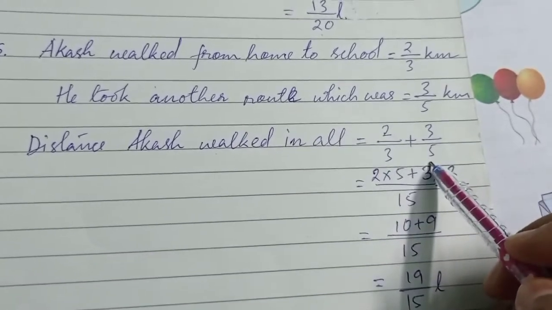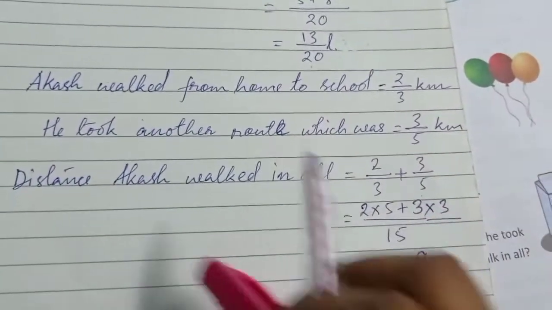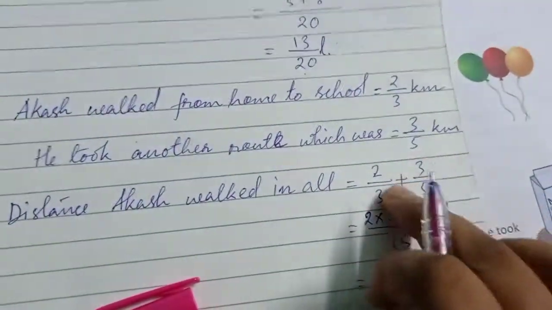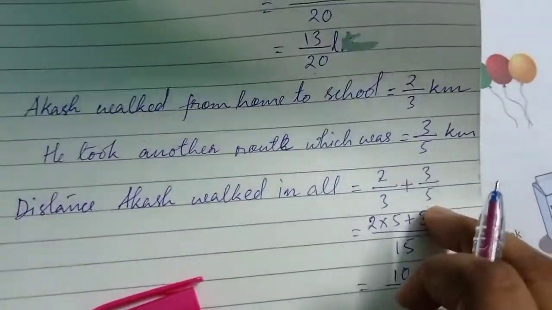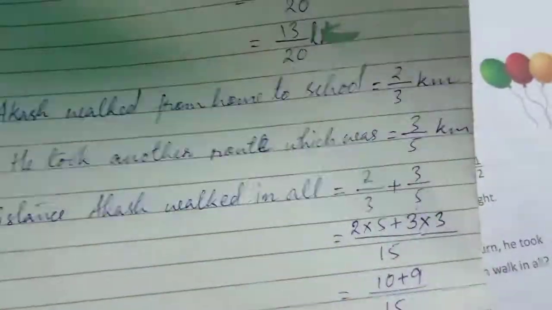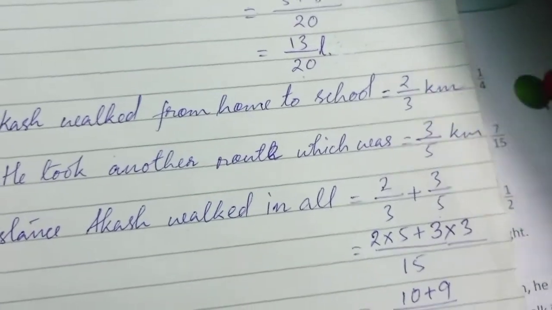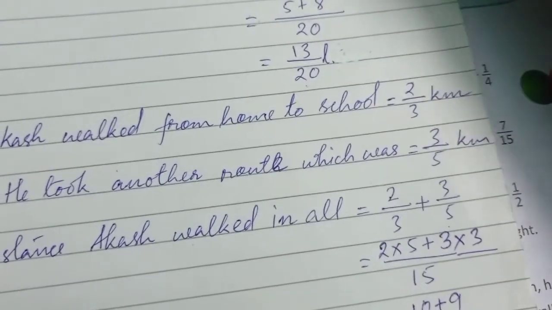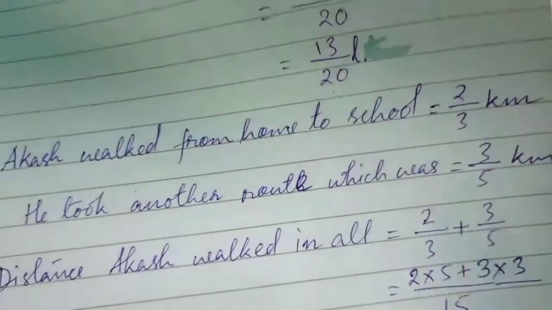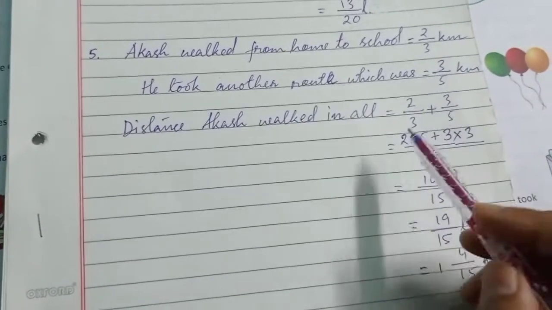Again, 3 and 5 are co-prime numbers. If you are confused about what a co-prime number is, just find the LCM of 3 and 5; you will get 15 as the answer. After finding the LCM as 15, you do what?